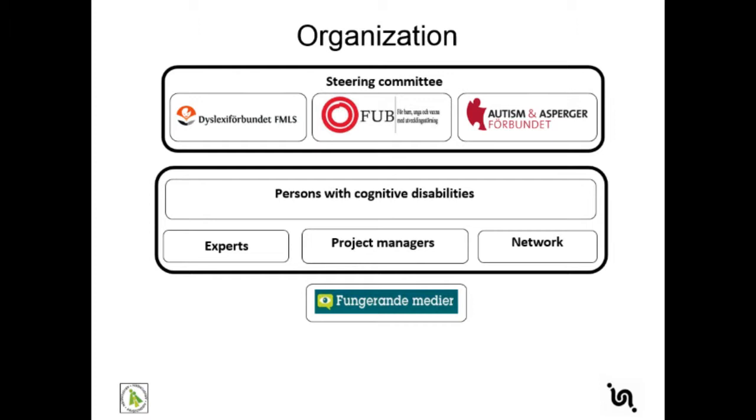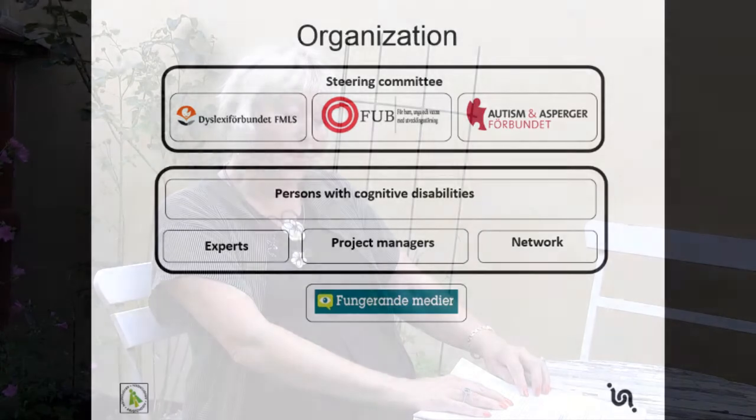And the contributors belong to these 3 organizations. In the project, they work in a team of about 20 persons with different diagnoses. The diagnoses are autism, Asperger syndrome, ADHD, dyslexia, language disorder, mental retardation, and learning disability.